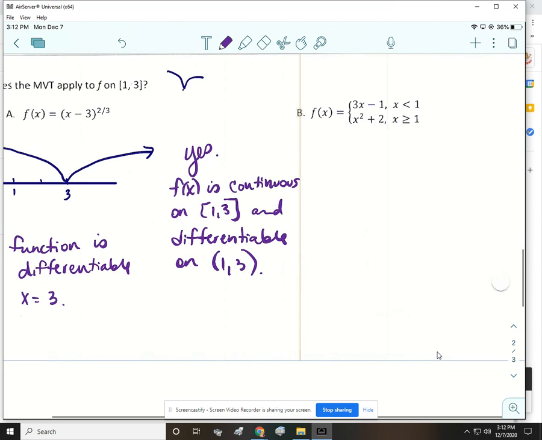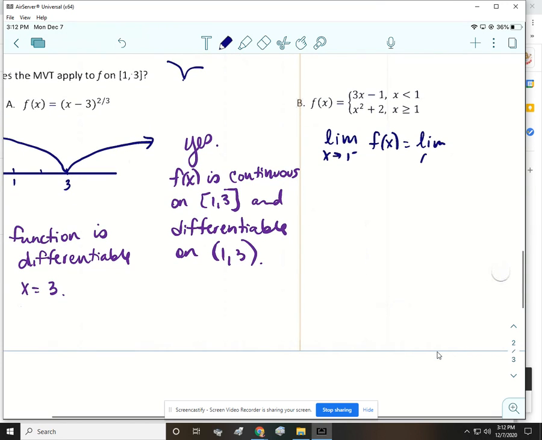Okay. And then for b, this piecewise function, we'll start with continuous by seeing if the limit as x approaches 1 from the left of f of x equals the limit as x approaches 1 from the right of f of x. Right, and we'll just do that by plugging 1 in. Okay, 3 times 1 minus 1 is 2. 1 plus 2 is 3.